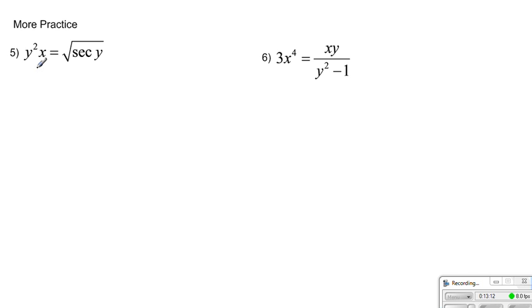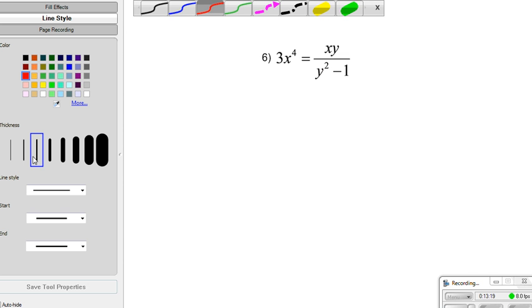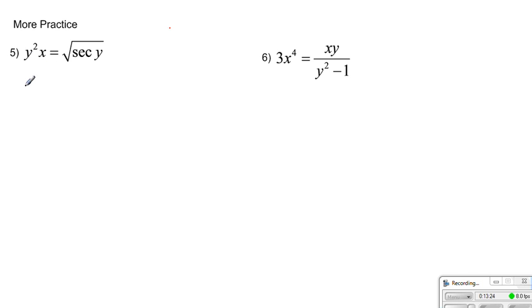Then the left portion is basically the same as before. By the product rule, we will have y squared times the derivative of x, which is equal to 1, plus x times the derivative of y squared, which is 2y, but since y is a function of x, we have to use the chain rule to multiply by y prime. Now that's the left side.